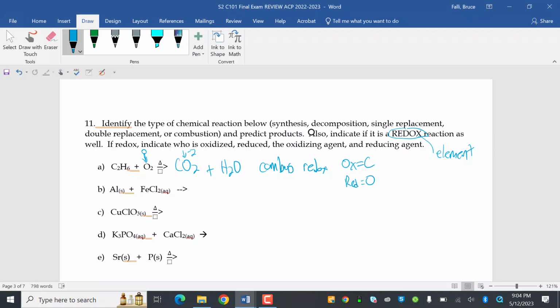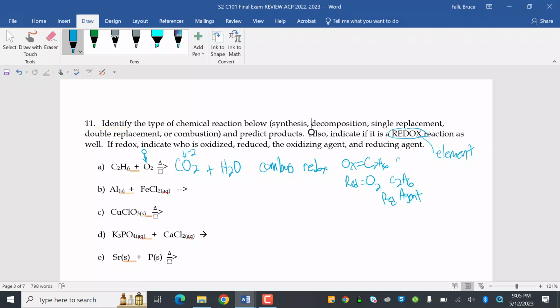Who's oxidized would be C2H6, and who is reduced would be O2. The oxidizing agent is the thing that's reduced. C2H6 is the reducing agent.